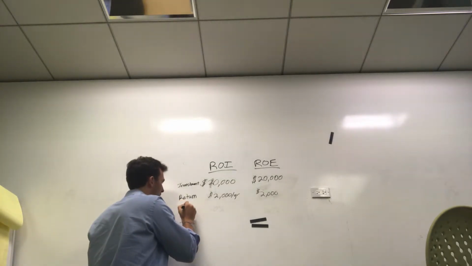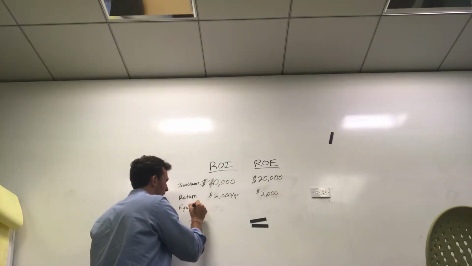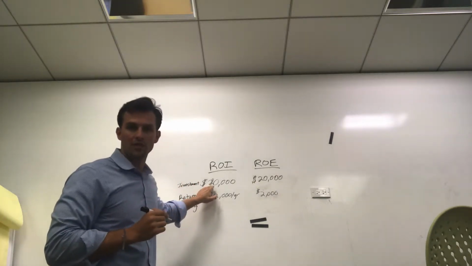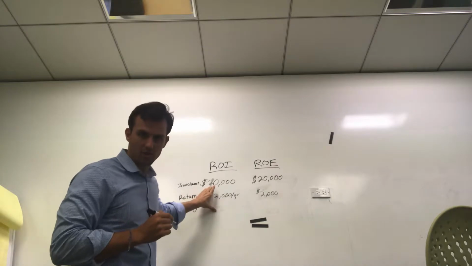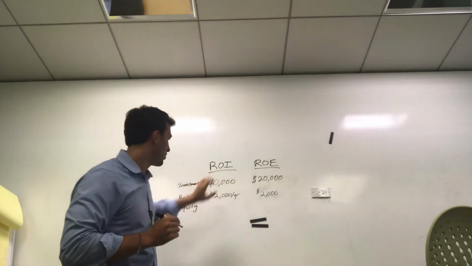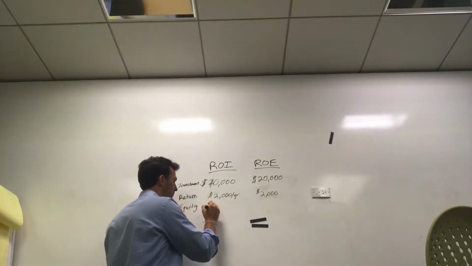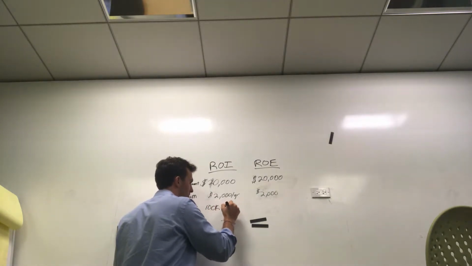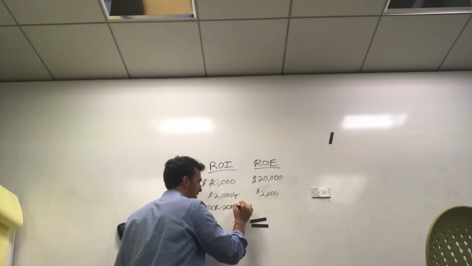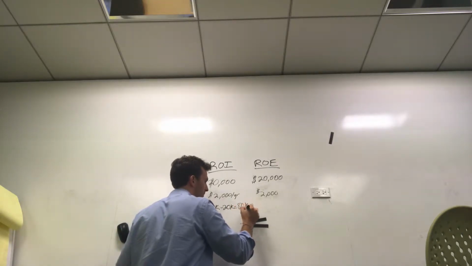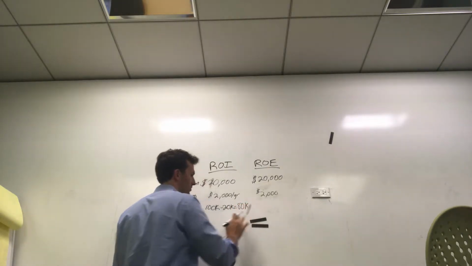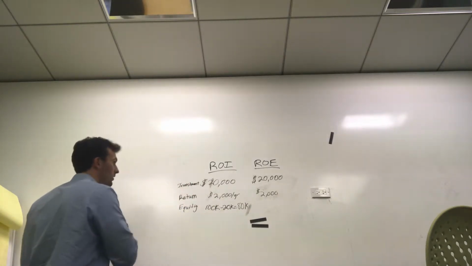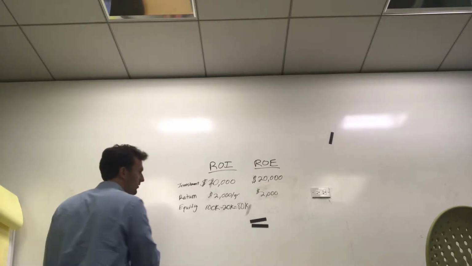My equity, when I buy, in this example, let's just say I bought a $100,000 house for $100,000. I put 20,000 down, so 100,000 minus 20,000, and I get a loan for 80,000.